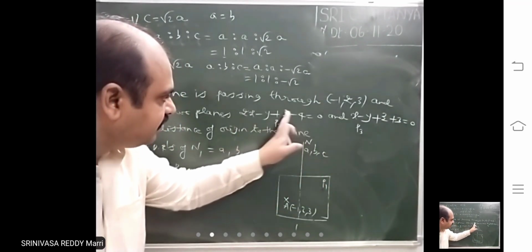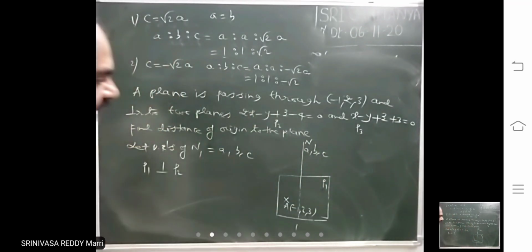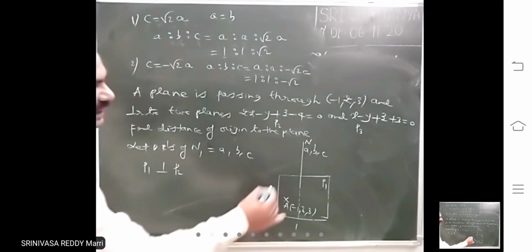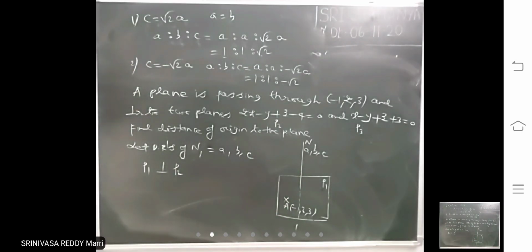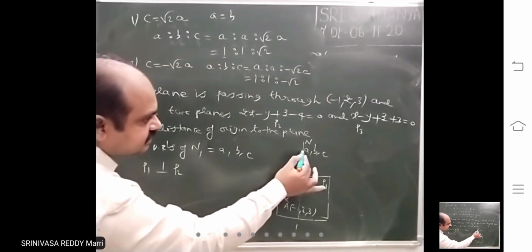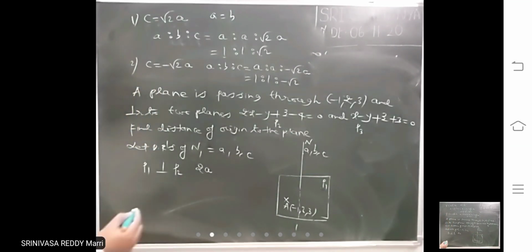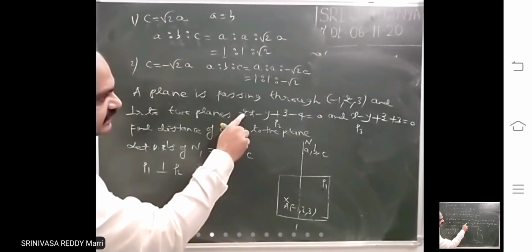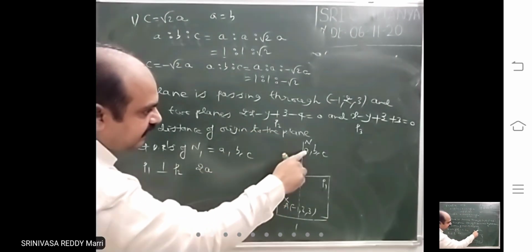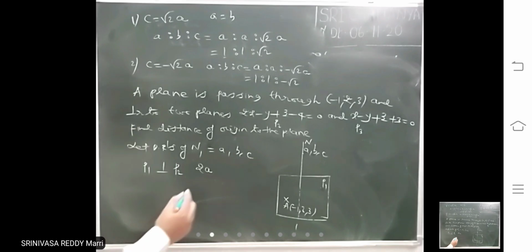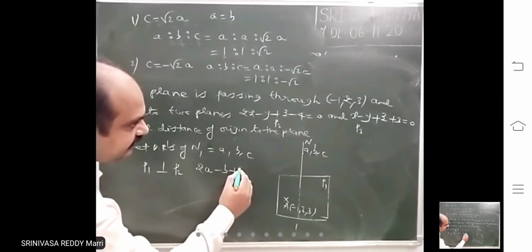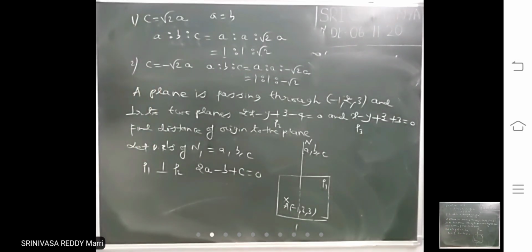Plane 1 is perpendicular to plane 2. Plane 1 has normal DRs A, B, C. Plane 2 is this one, so 2, minus 1, 1. What is the formula? A1 A2 plus B1 B2 plus C1 C2 equal to 0. So these two planes are perpendicular. That means 2A minus B plus C equal to 0. So that is the first condition.